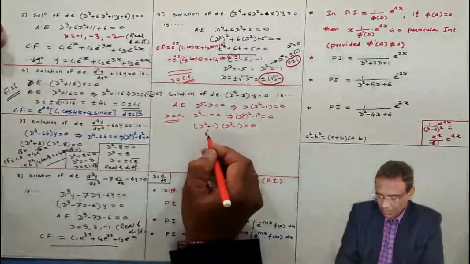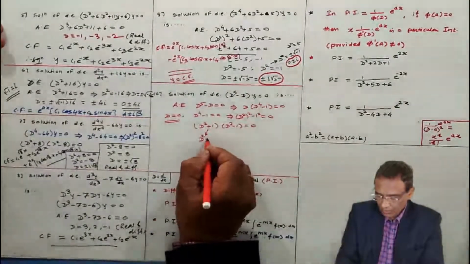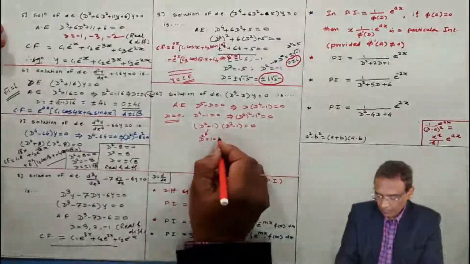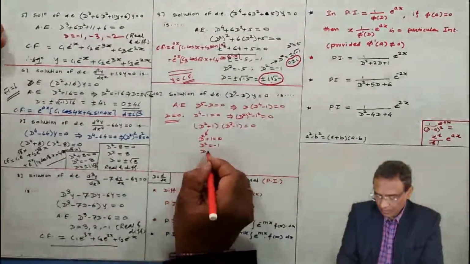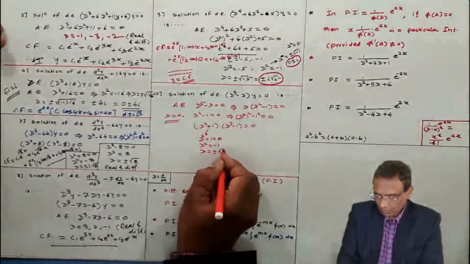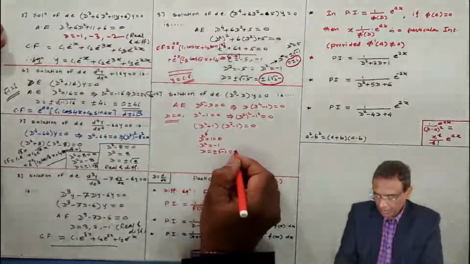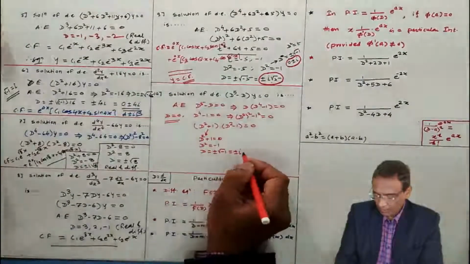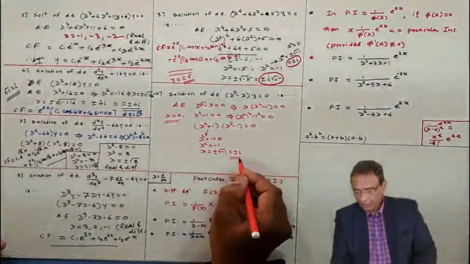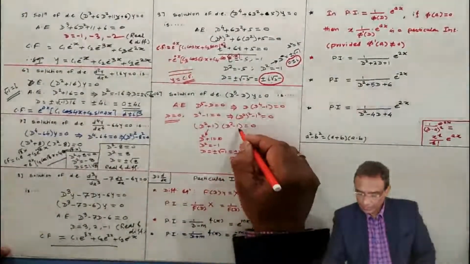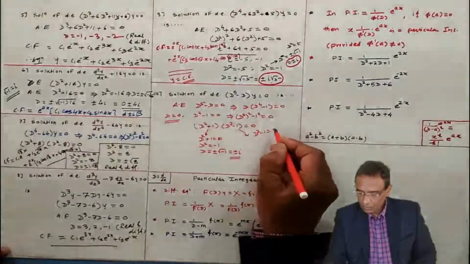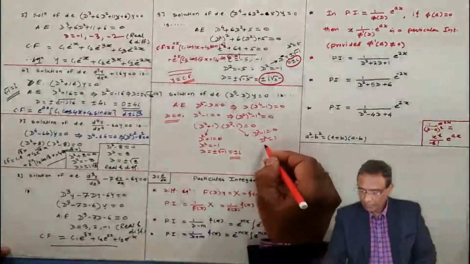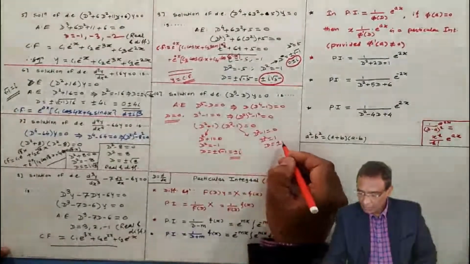Now from d square plus 1 equal to 0, d square equal to minus 1 and d equal to plus minus under root of minus 1, which is plus minus i, because under root of minus 1 is i. Here d square minus 1 equal to 0, therefore d square equal to 1, d equal to plus minus 1.